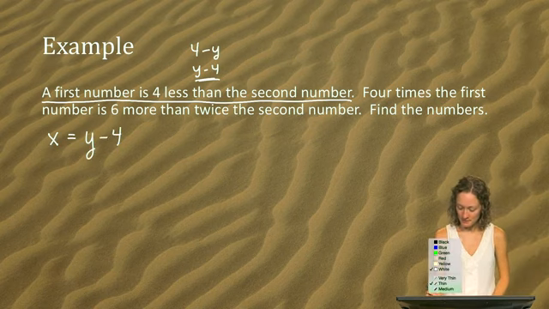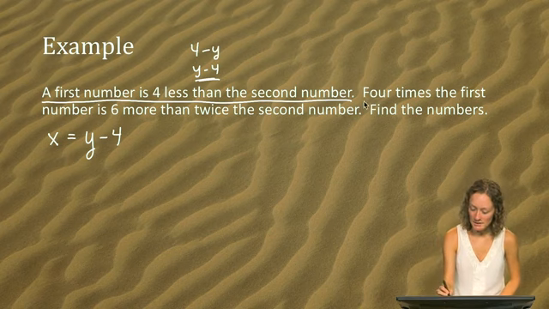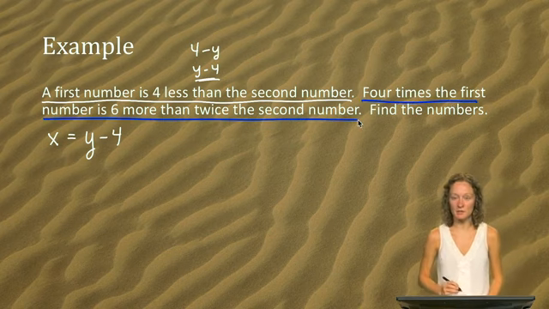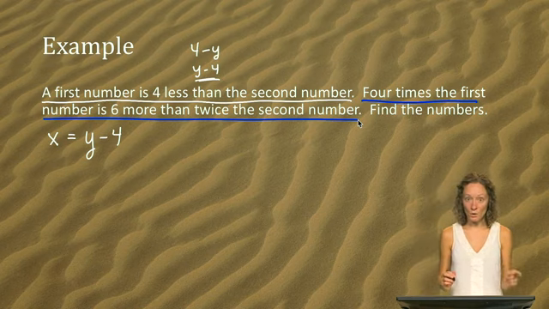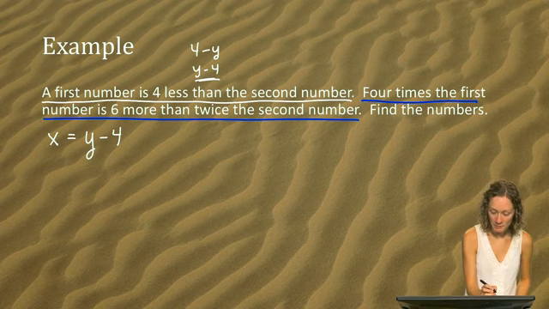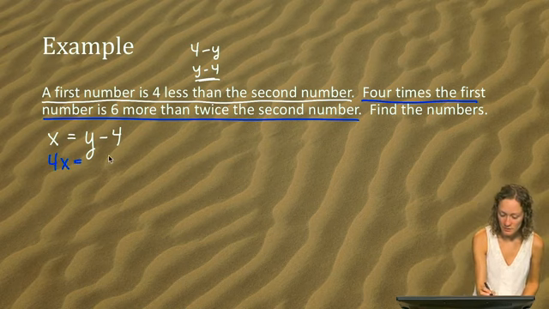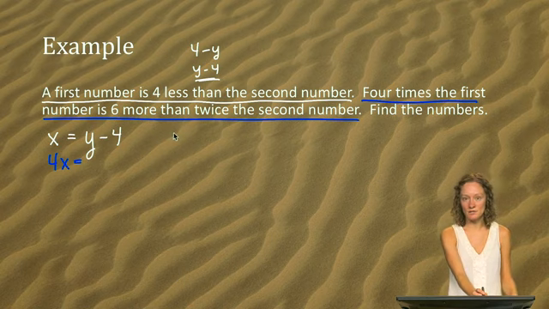There's the first sentence. The second sentence: 4 times the first number is 6 more than twice the second number. Direct translation: 4 times the first, we've already designated the first number to be called x, so 4x is equals word. 6 more than, what does 6 more than mean? Plus 6.